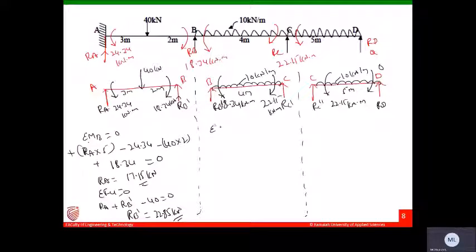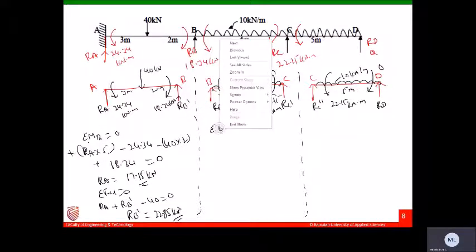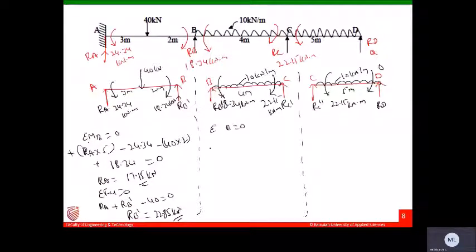Sigma MB equals to 0. RC dash into 4 is minus, and plus 10 into 4 into 2, load into distance into distance by 2.